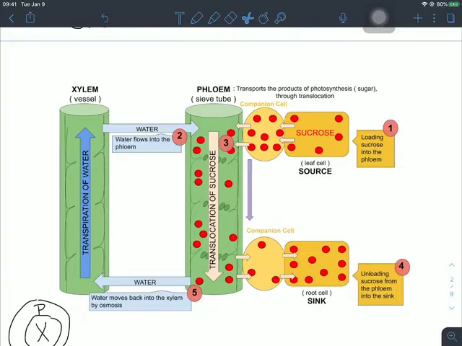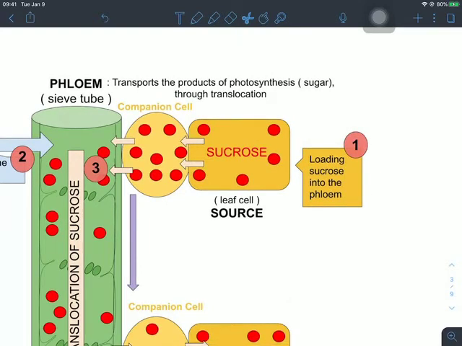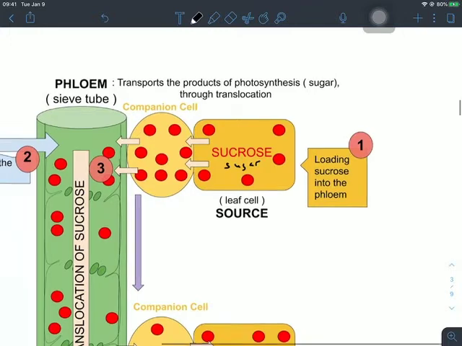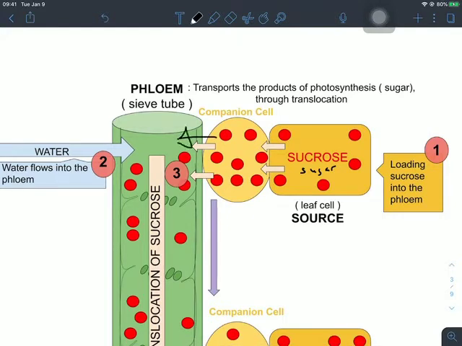So why and how does that work? Well, from the beginning, you've got your source of all sugar in the plant, all the sucrose. This is just another type of sugar in the plant. Table sugar is being made in our leaves. It is loaded from our cells in the leaf into our companion cells, and our companion cells then traffic it into our sieve tube elements, or our sieve tube cells.